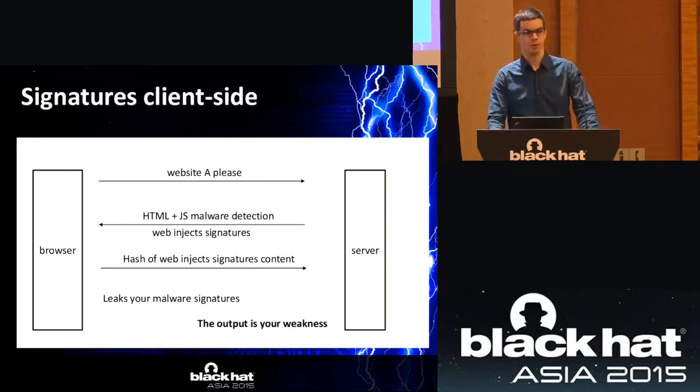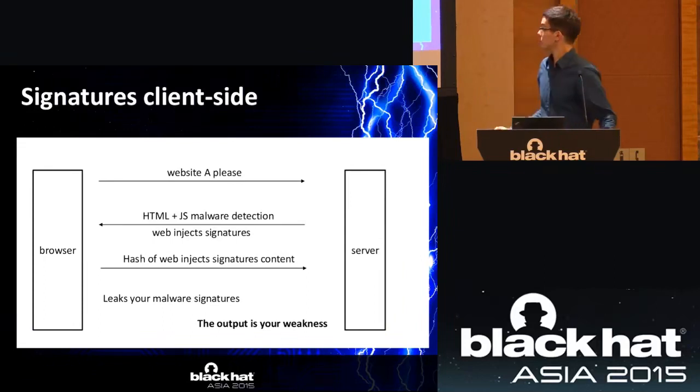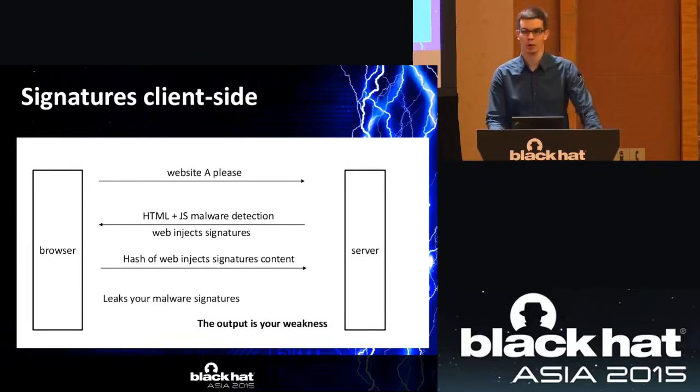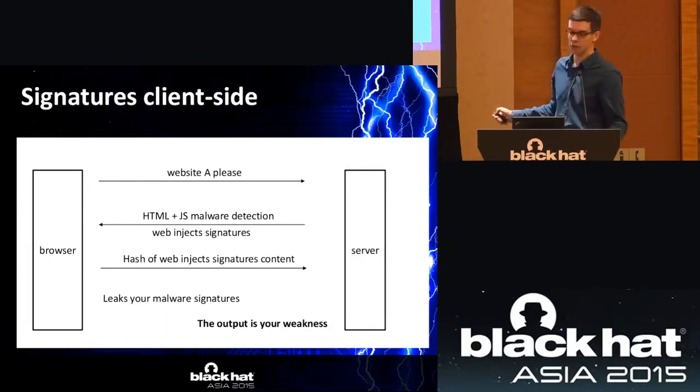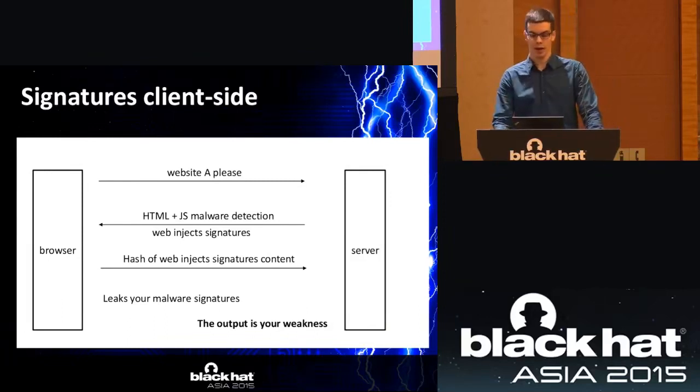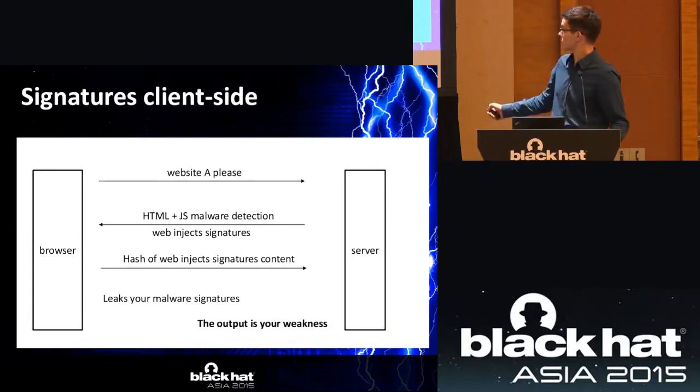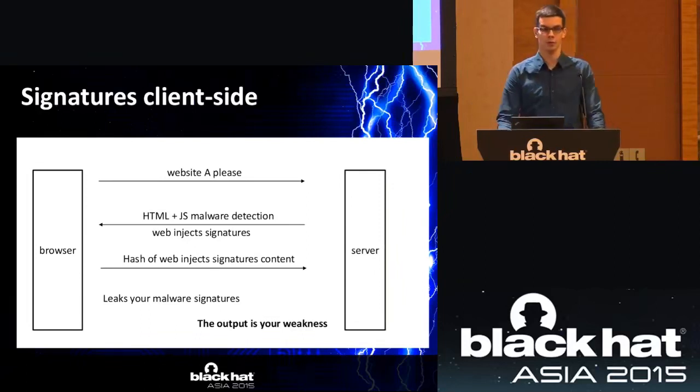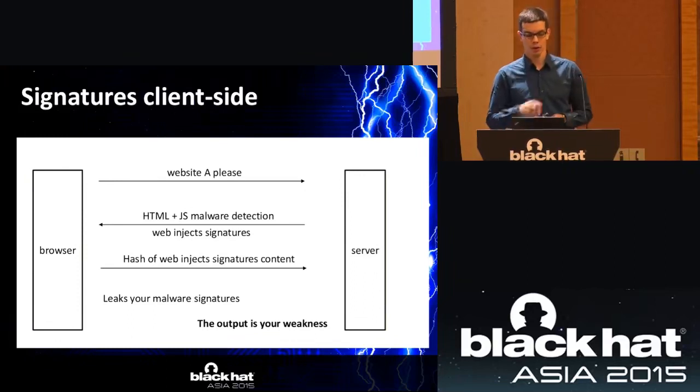In the second approach we found, signatures were checked on the client side. The scheme was quite similar. It was two parts as before: the initialization of the JavaScript and the reporting phase. So the signatures were checked in the browser and the result of the check was sent back to the server. Here, the signatures were present in the browser.